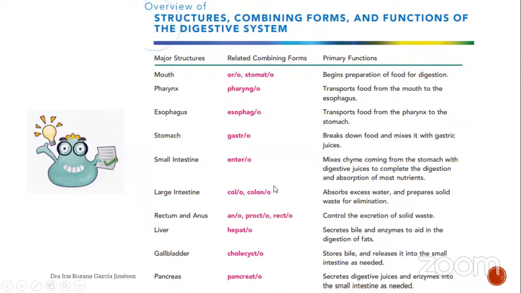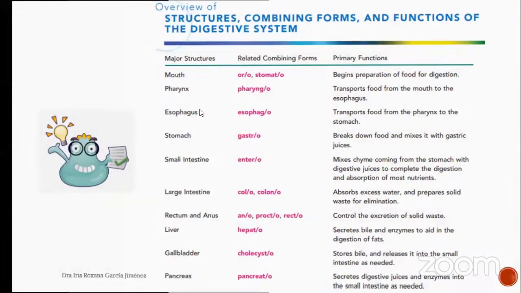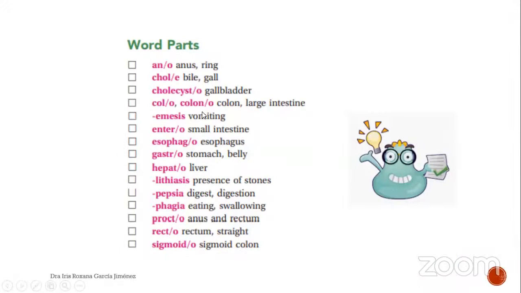Please check the primary functions, it's for you, and the word parts. And ano, chole, cholecysto, colo, colono, the suffix emesis, entero, again suffix lithiasis, pepsia, phagia, procto, recto, sigmoid or sigmoido. Okay, check the meanings, it's for you.